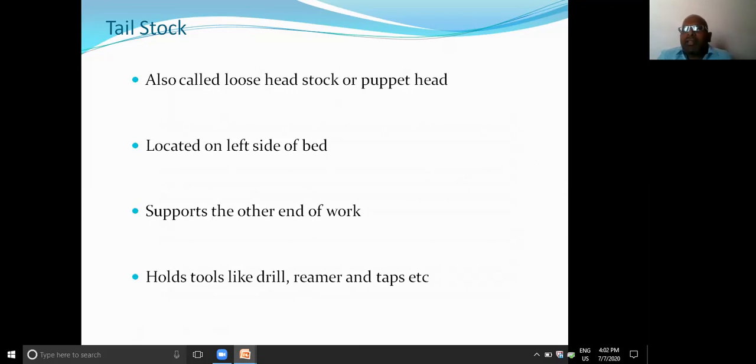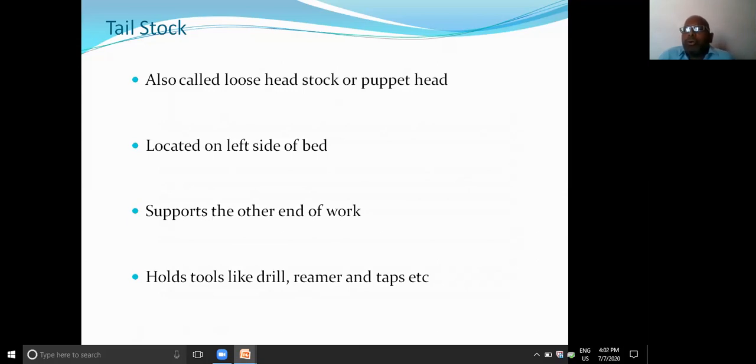Whereas tap, what is a tap? A tap is a cutting tool used to make internal threads. Generally, in order to make internal threads, instead of using the thread cutting mechanism with the lead screw, the best and simple mechanism is taps.